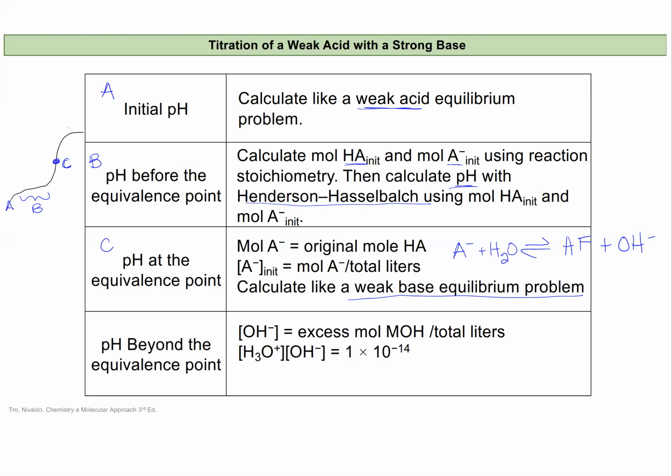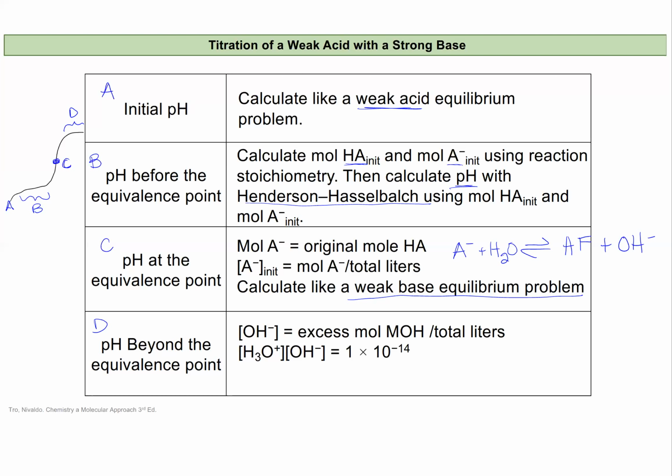And then any point beyond that, we can calculate the concentration of hydroxide ions that are going to be in excess of the number that were used to neutralize the weak acid.